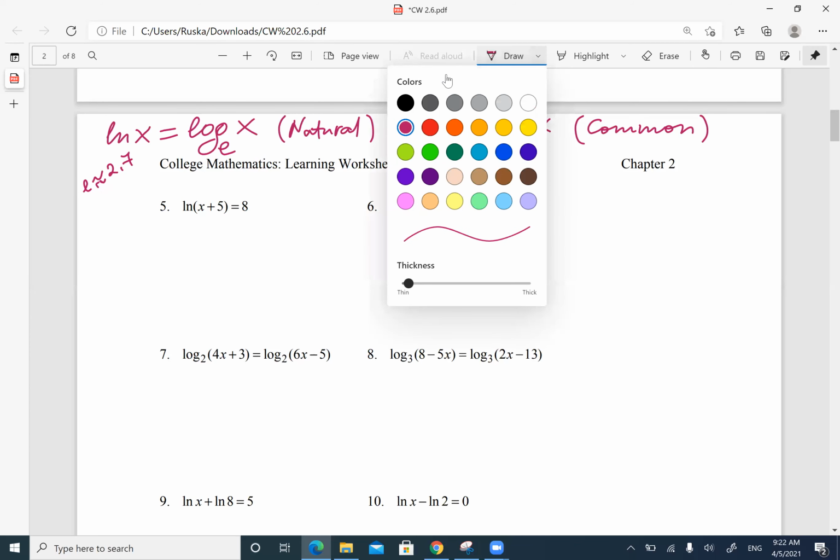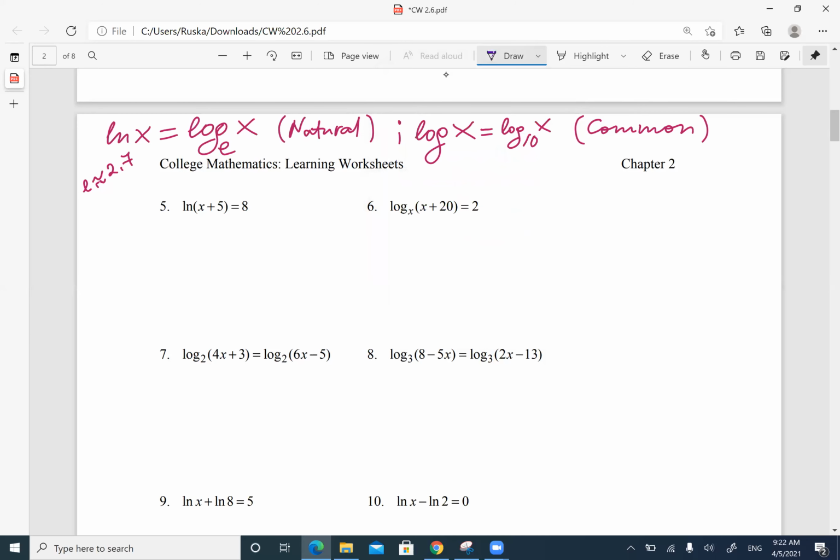So number 5, we know that the base is e, correct? Because it's ln. If it's ln, the base is e. So we're going to switch it. So I have e to the 8. So I'm going to write x plus 5 equals e to the 8, right?